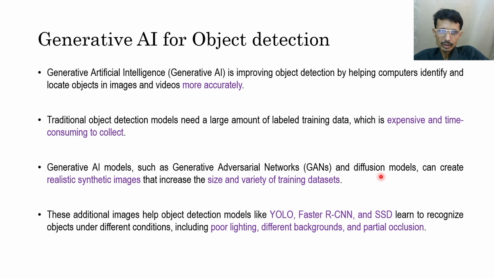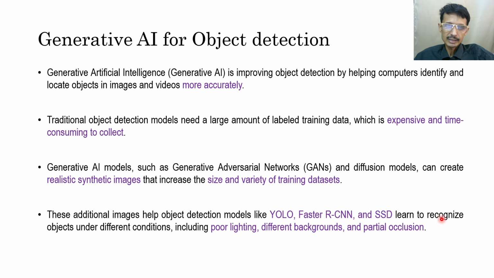Now, generative models like GANs and diffusion models can create realistic synthetic images, increasing the size and variety of training data. These additional images help object detection models like YOLO, Faster R-CNN, SSD to learn and recognize objects under different conditions, including poor lighting, different backgrounds, and partial occlusions.